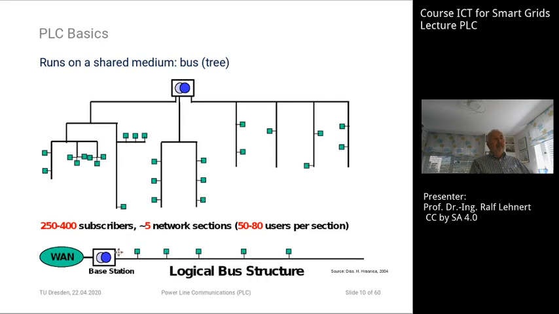So if we would have no signal attenuation on this link, we could treat this bus as a typical local area network with a length of, well, the typical length in a rural, in a suburb area is up to 500 or even 1000 meters.